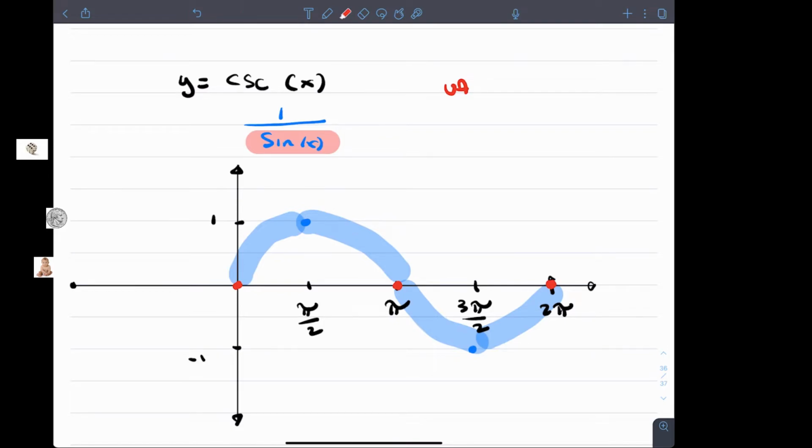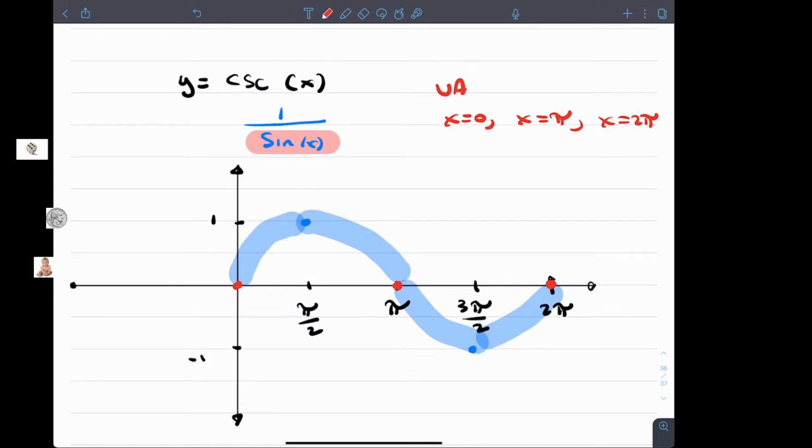For sine, that happens when x is 0, when x is pi, and when x is 2 pi. Now you say, why am I calling that VA? What is VA short for? Your vertical asymptotes, yes.